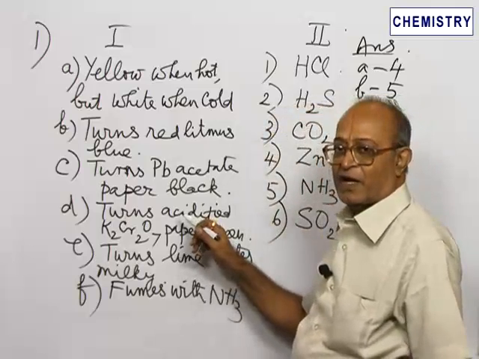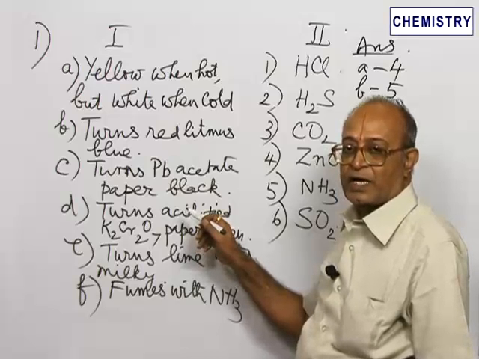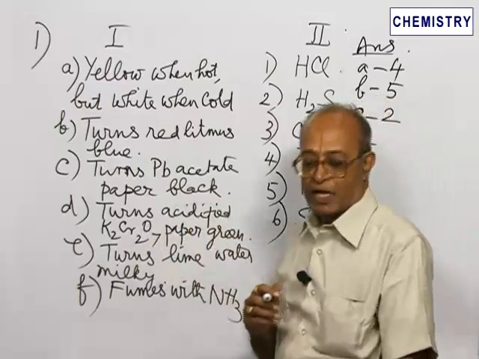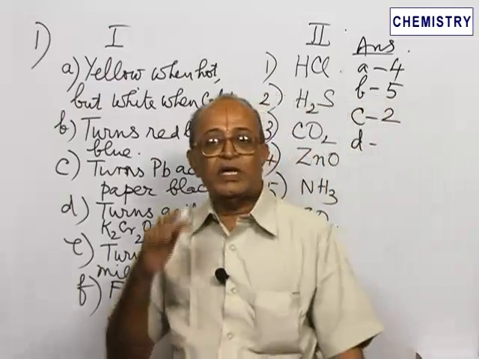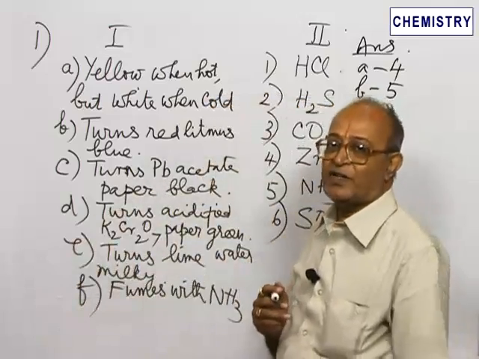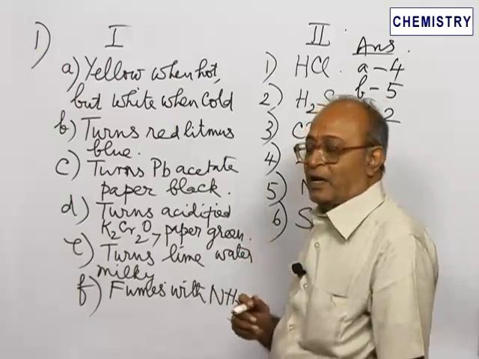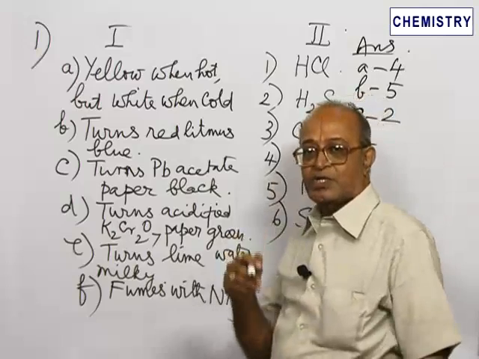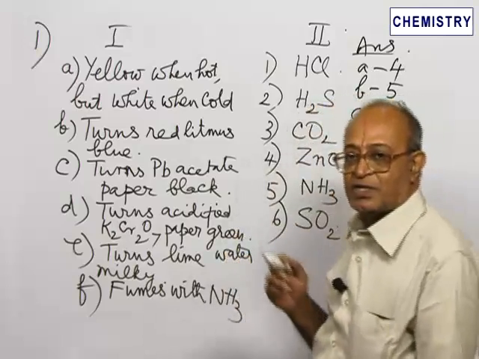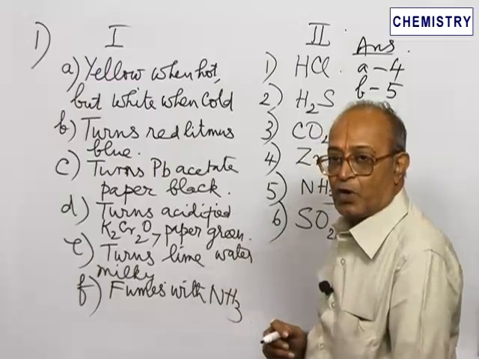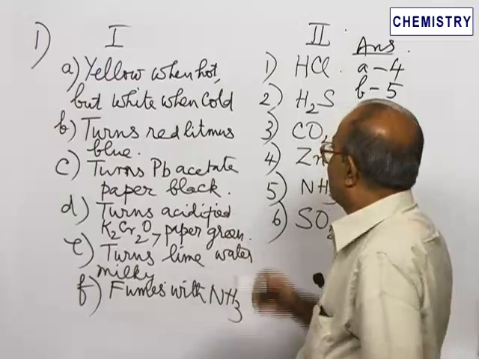It is acidified. Usually we use dilute sulfuric acid for acidifying potassium dichromate solution. So the corresponding chromium sulfate is formed, which is green.